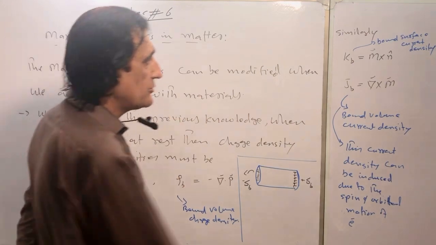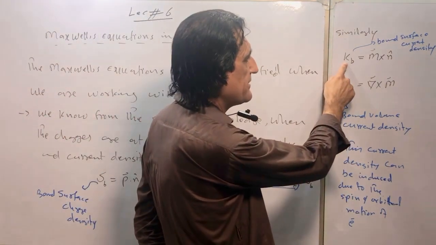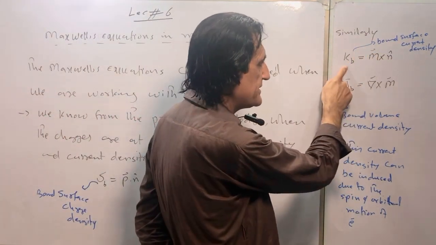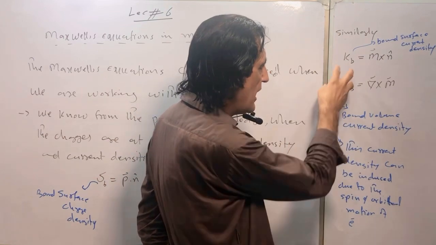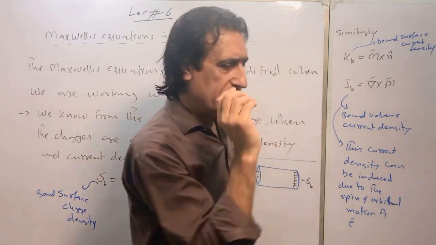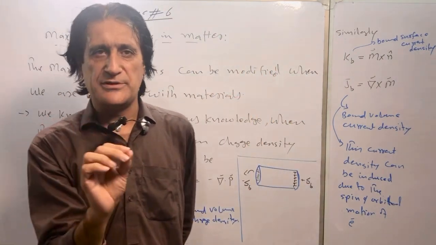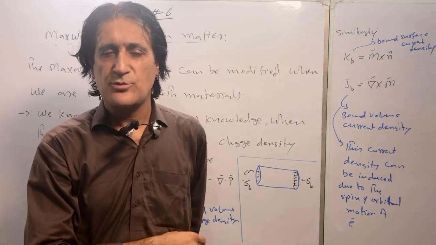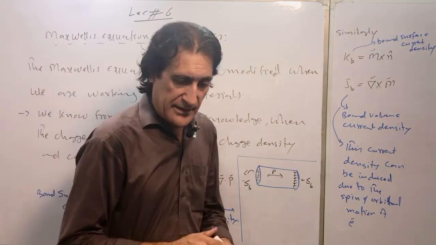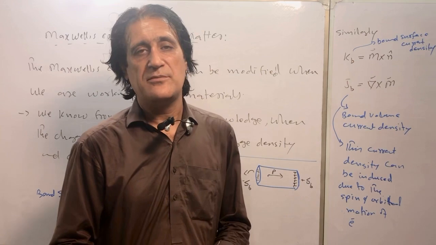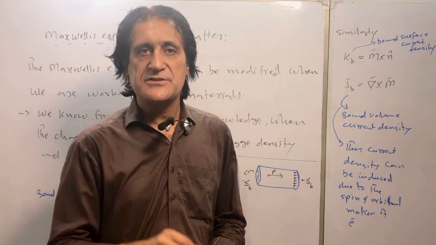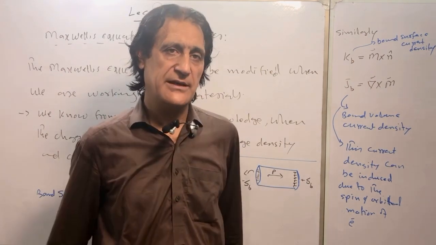Similarly, we also know about the bound surface current density and the volume current density. So what is meant by bound current? The bound current density must come from the spin of the electron or orbital motion of the electron.